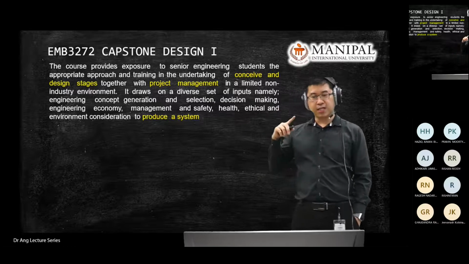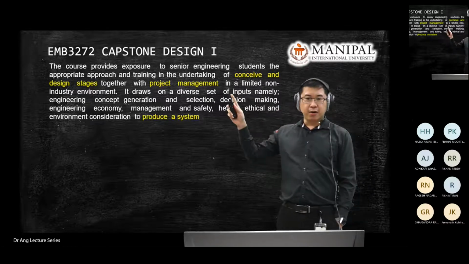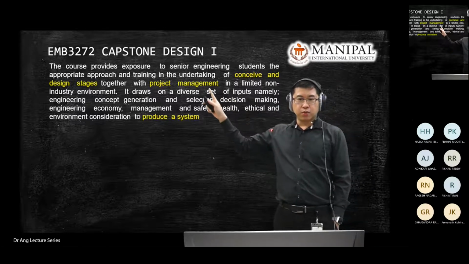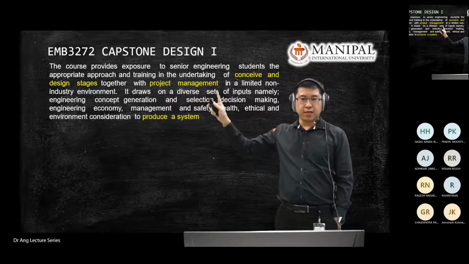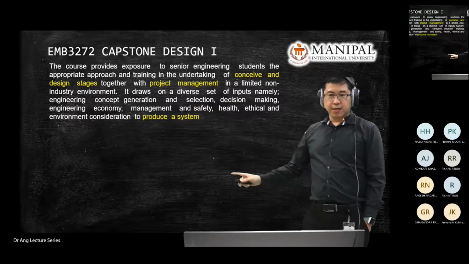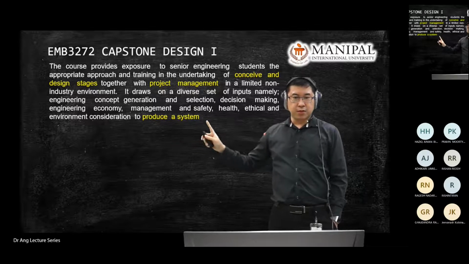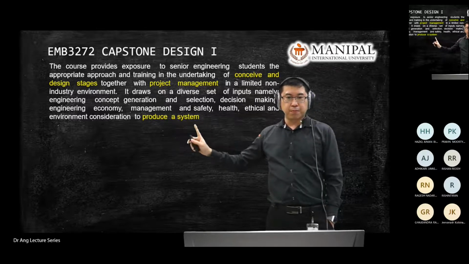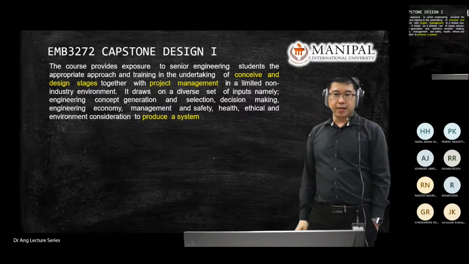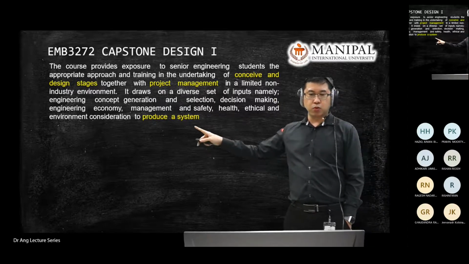So you have to see the whole process, using the skill that you learn in project management. This is to produce a system. This one will be under group projects, and later on I'll brief you more on group projects.